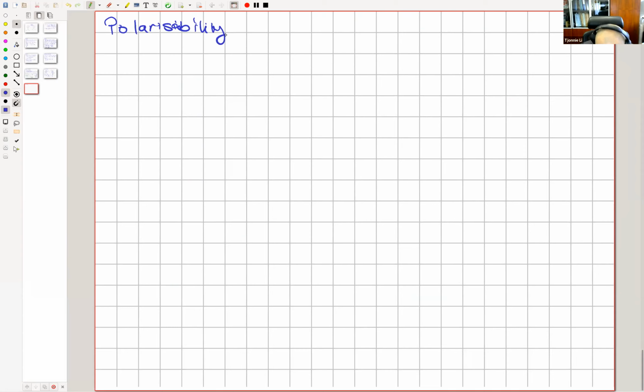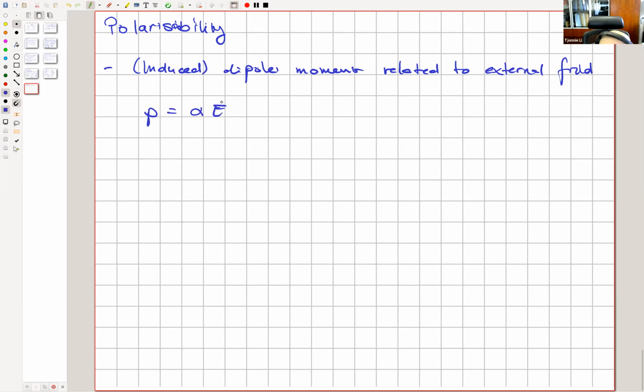Okay, so typically the induced dipole moment is related to the external field, for example, P equals alpha E. And typically it's better to write P as a vector quantity, P equals alpha E, like this.